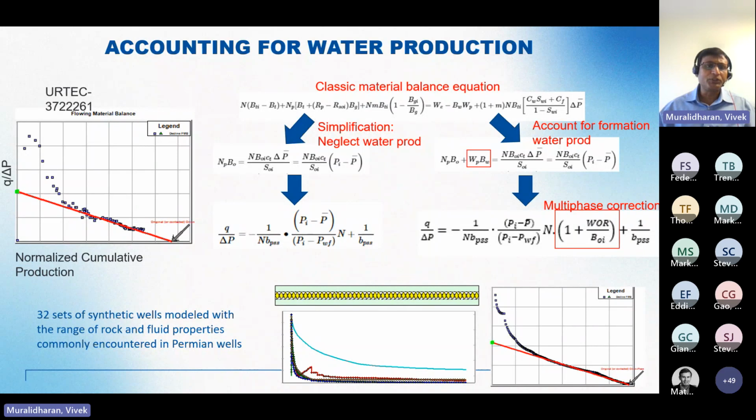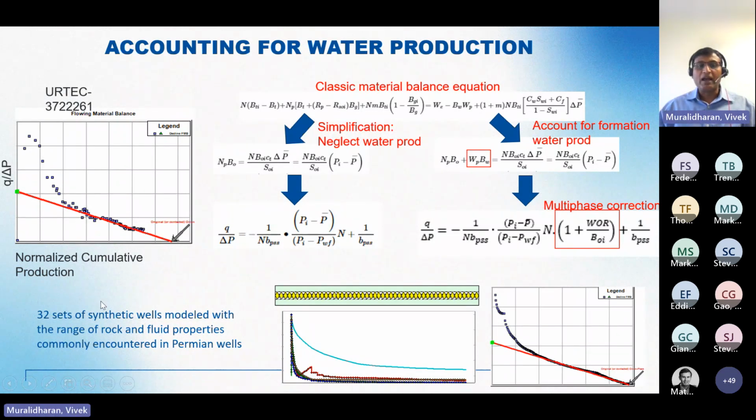For each of those 32 synthetic cases, we have a known input oil in place. We forced that input and got the production out of it. We then used that output, the rates and pressures, as input to the flowing material balance workflow to calculate what the resultant SRV oil in place looks like.